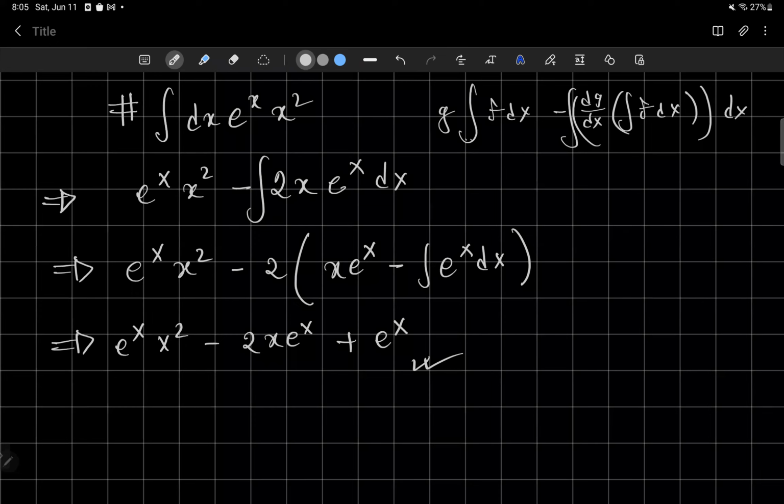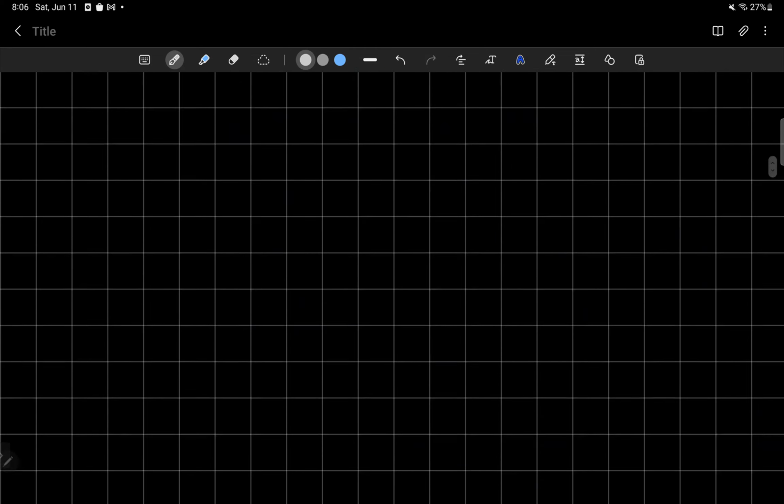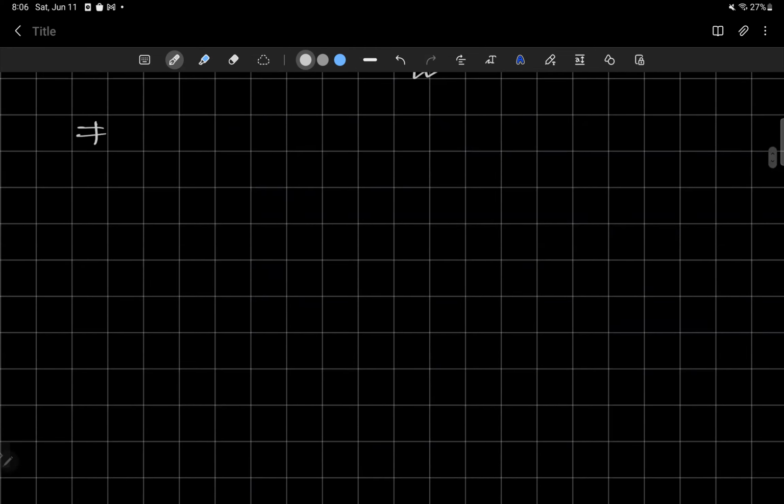Okay, so let's try something different. Let's go back to that integral I think I discussed in both of your sections. This one, the integral of dx over the square root of x squared plus a squared, right? We wanted to use a substitution like this: x equals a tan theta.